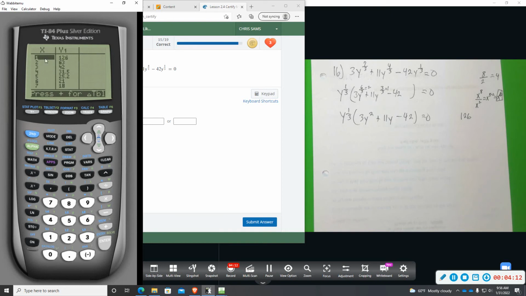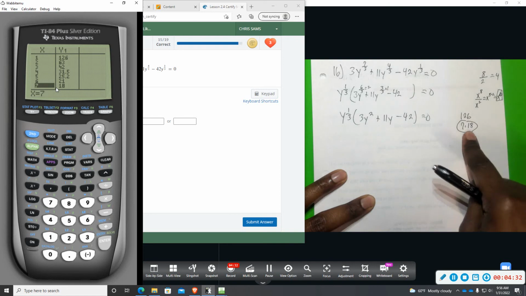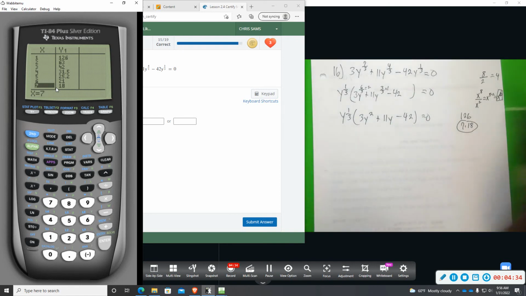Okay, so I'm looking for the factors that when we subtract we get 11. So I'm just going to arrow down. 6 and 21, it gives us 15, 7 and 18, that's what we need. So 7 times 18 will give you 126, and when you subtract, that will give you 11. Alright, so we got the numbers that we need.